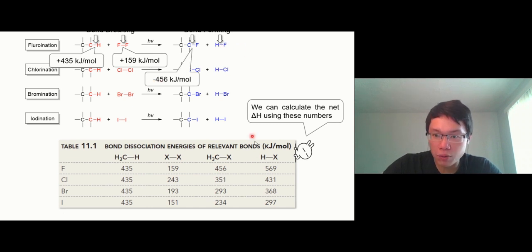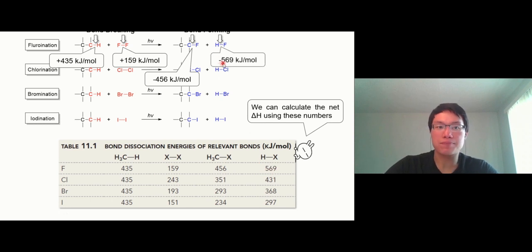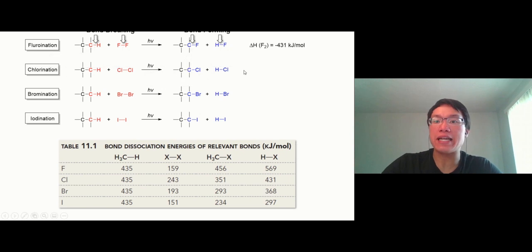And the HF bond, 569 kilojoule per mole. That's what I get back. So this is the energy input, and this is the energy output after the reaction occurs. Sum them up, and that's the enthalpy of this reaction. In this particular case, that is the Gibbs free energy. So the Gibbs free energy of this reaction is negative 431 kilojoule per mole.